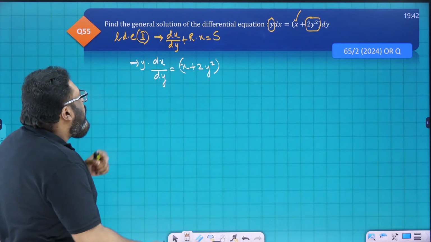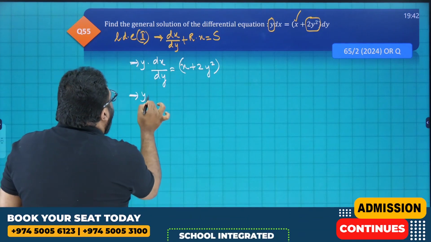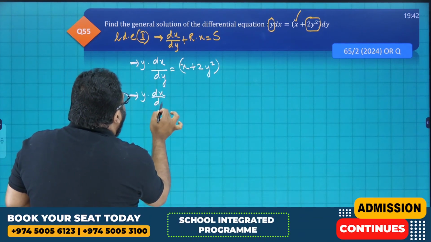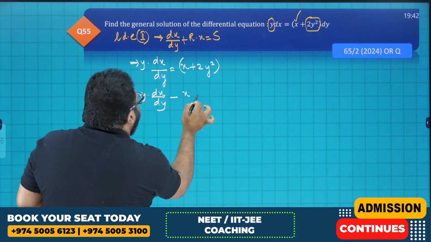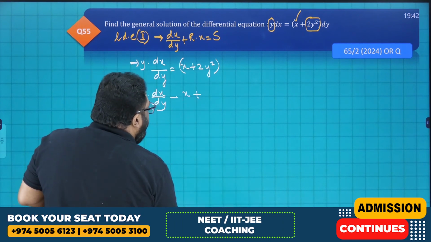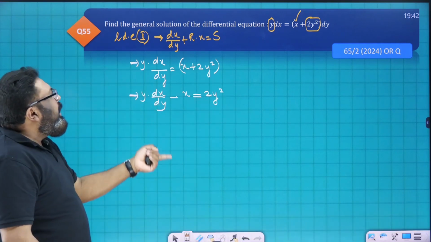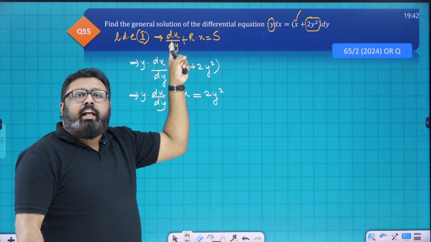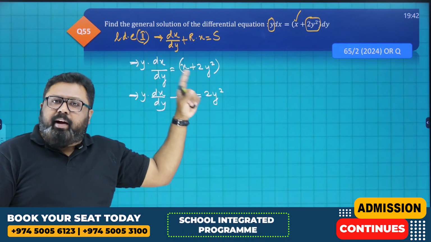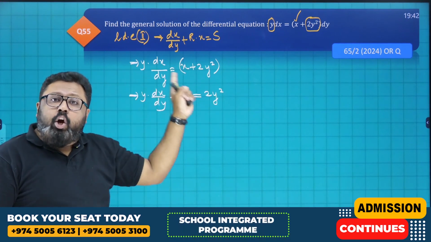Now I need the x term this side. So y into dx by dy minus x is equal to 2y squared, and dx by dy should be alone in LDE type 2.